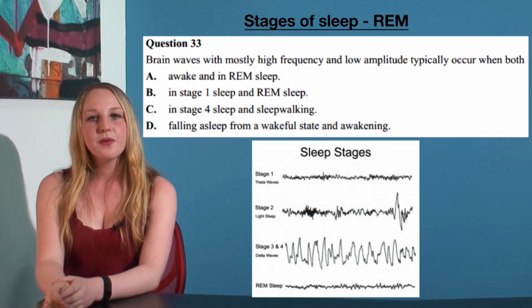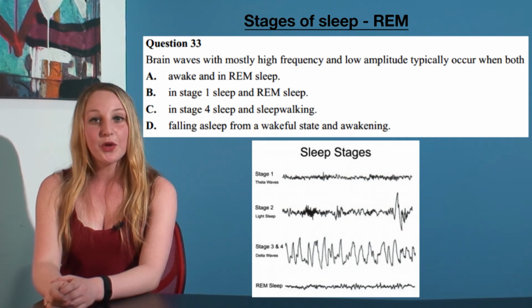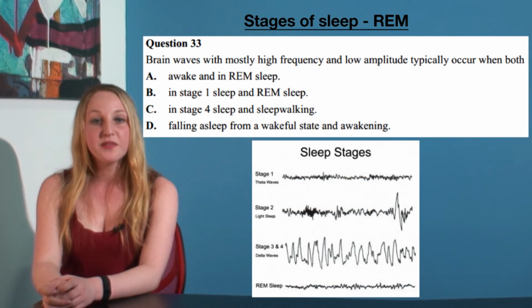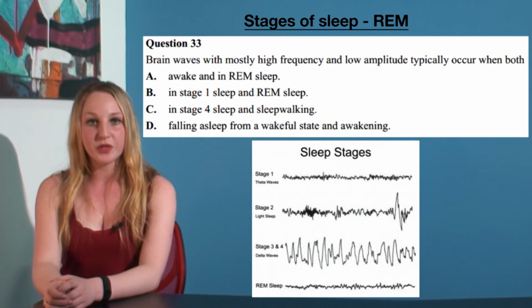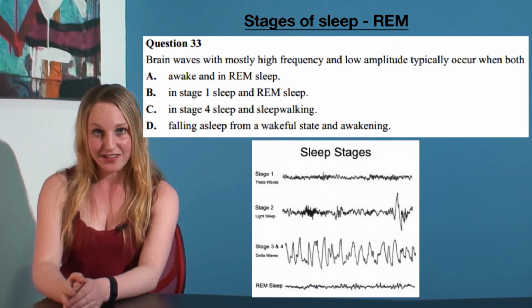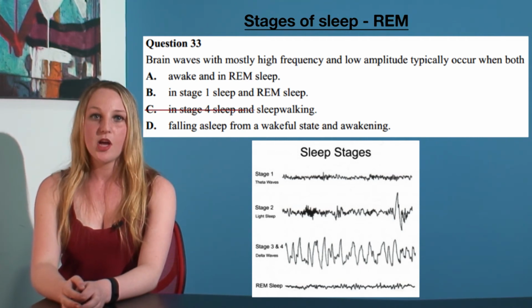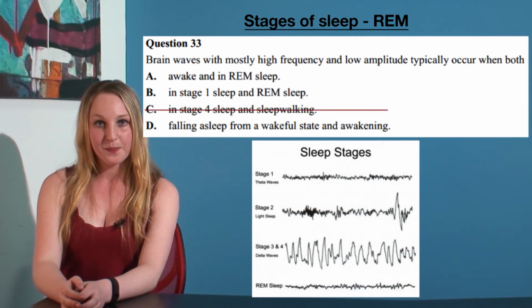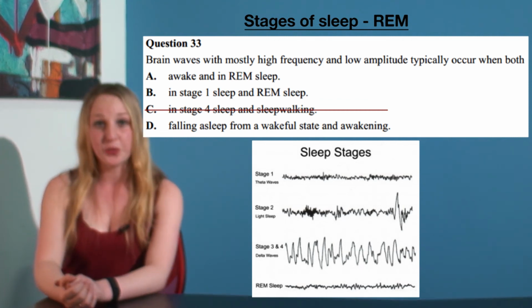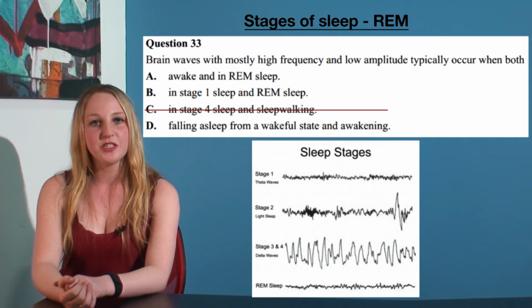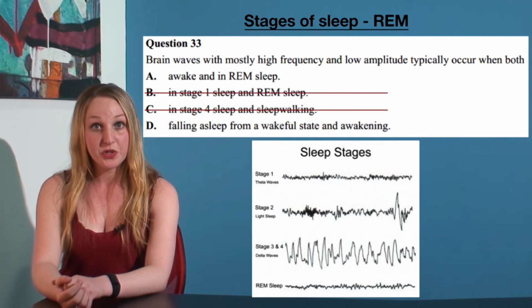Now, remember that high frequency means that the brainwaves occur often, and that low amplitude means that the brainwaves aren't very deep. So we're looking for stages of sleep or wakefulness in which our brains are most active. We know that stage 4 is a deep stage of sleep, so we can rule out option C. Stage 1 sleep does have fairly high frequency, low amplitude waves, but it also progresses toward waves that are more theta-like, so we can rule out option B too.